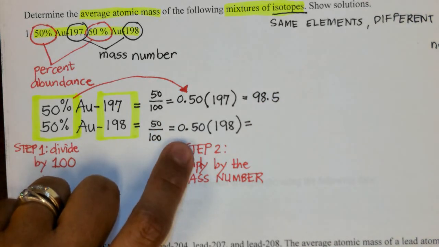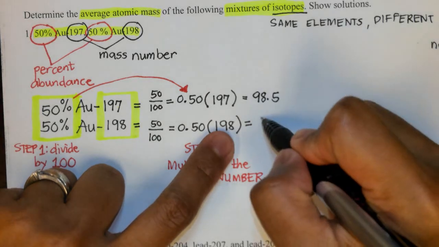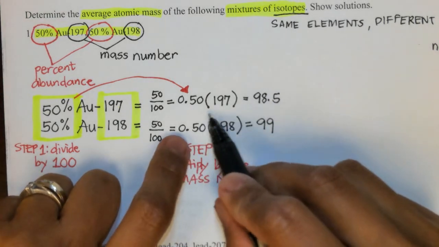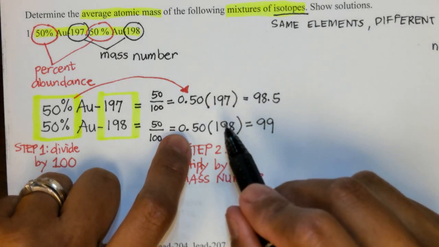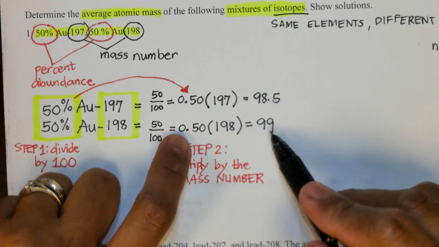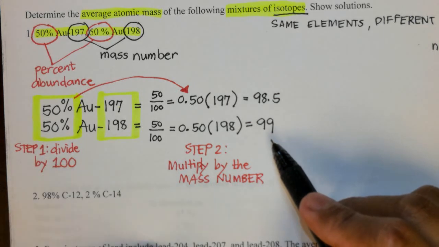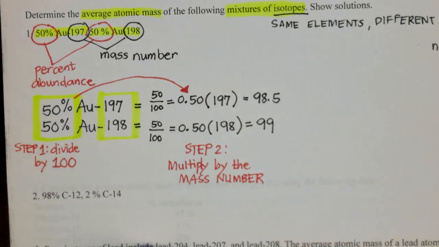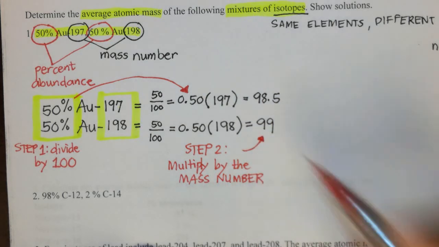The second one is 0.50 times 198, that's equal to 99. Again, parenthesis means multiplication, so readily use the multiplication function in your calculator and you will get these answers. Okay? So that will be the answer to your step 2. That's your step 2 right there.